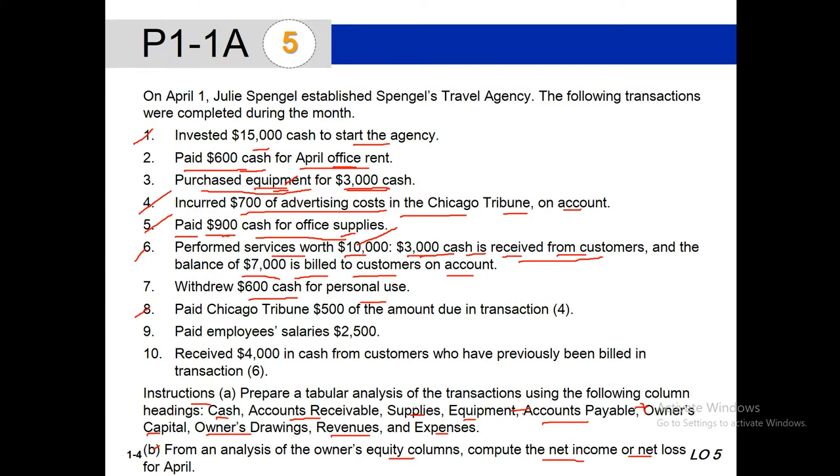Now transaction 8, paid Chicago Tribune 500 of the amount due in transaction 4. We know that in transaction 4 we have a due amount, that is accounts payable 700. From the 700, now we are paying the 500. For this payment of accounts payable, observe that the payment of a liability related to an expense that has previously been recorded does not affect owner's equity.